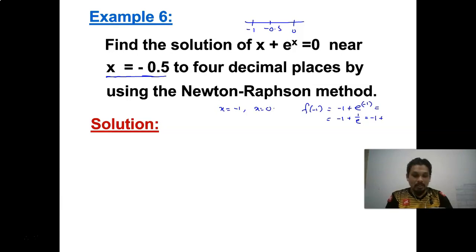So negative 1 plus 0.367, which is negative 0.633.